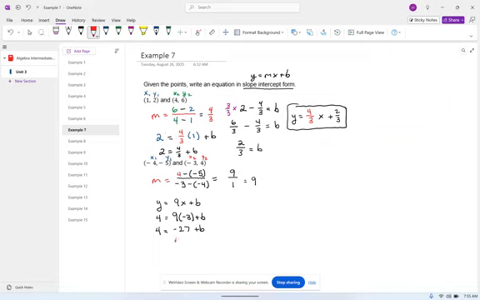We'll add 27 to both sides. And we'll end up with 31 equals b. So we'll end up with the equation y equals our slope, 9x plus 31. So that's going to be our second example.